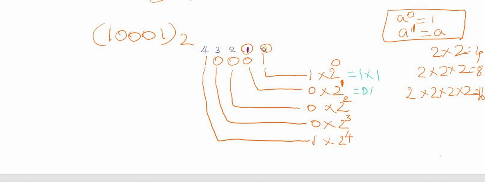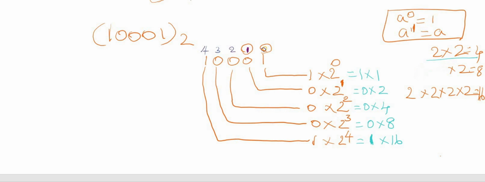Then 0 into 2 raised to 1 is 2. 0 into 2 raised to 2 is 4. 0 into 2 raised to 3 is 8. 1 into 2 raised to 4 is 16.